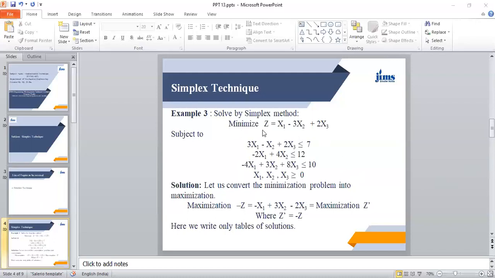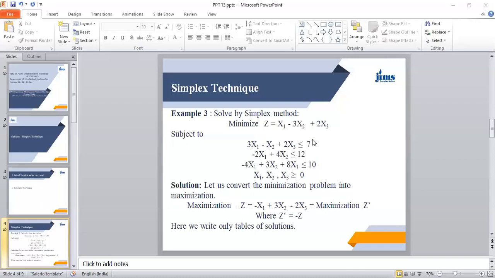So we only convert the minimization problem into maximization by multiplying both sides of the equation with minus 1. So minimization becomes maximization and the variables get changed in sign. So x1 minus 3x2 plus 2x3 gets converted to minus x1 plus 3x2 minus 2x3. Am I clear? I hope.